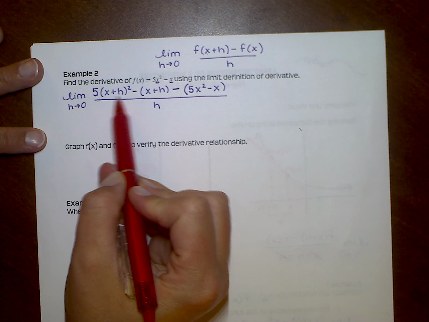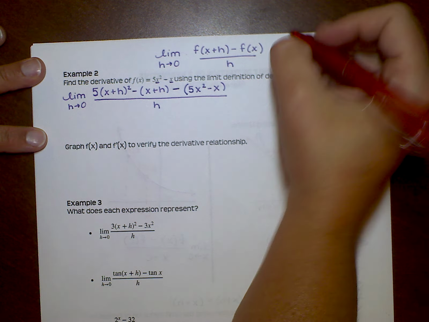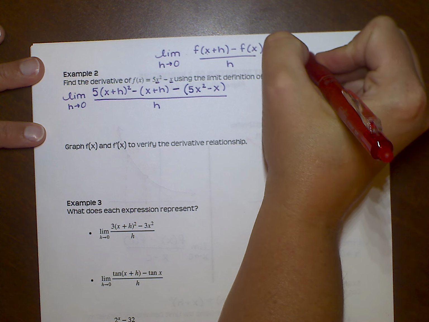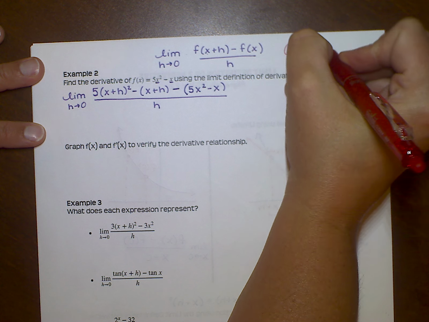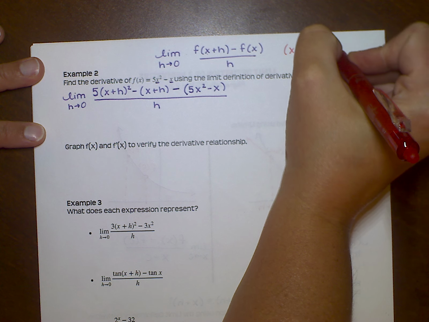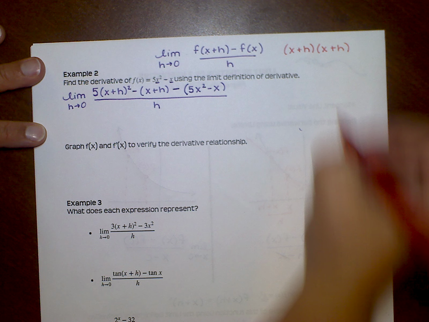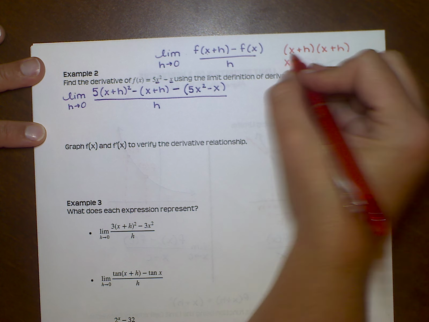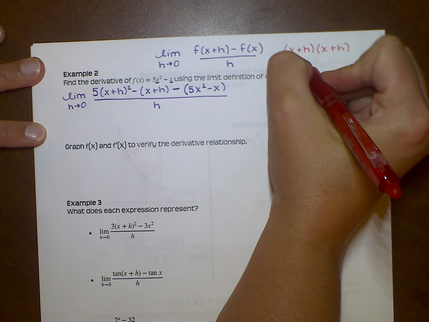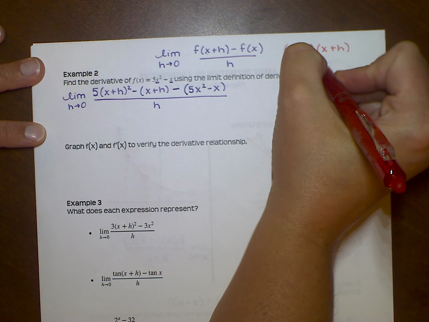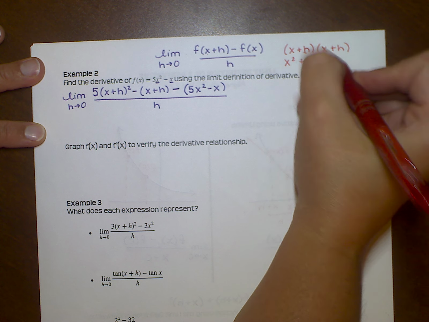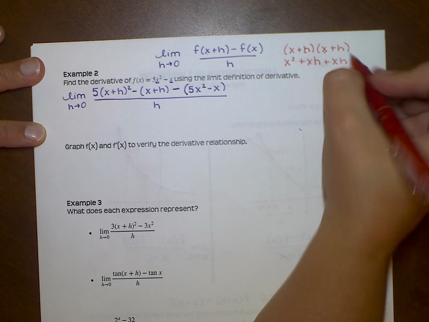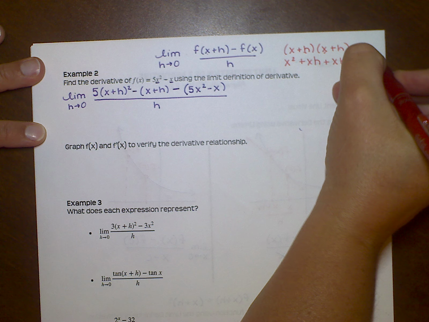Okay, so I'm going to FOIL this thing, and I'm going to write the FOIL out up top here so you can maybe follow it if you weren't following it before. x plus h squared means x plus h times x plus h, right? So x times x is x squared, and then I get an x times h, and another xh, and then on the end I get h times h, which is h squared.